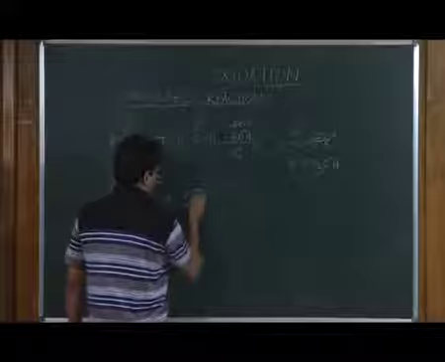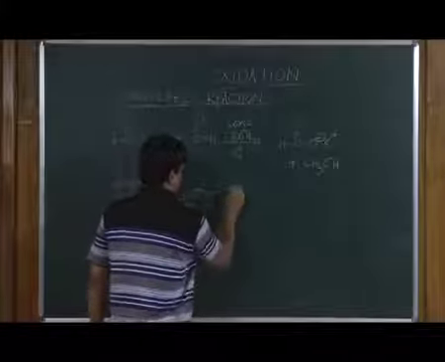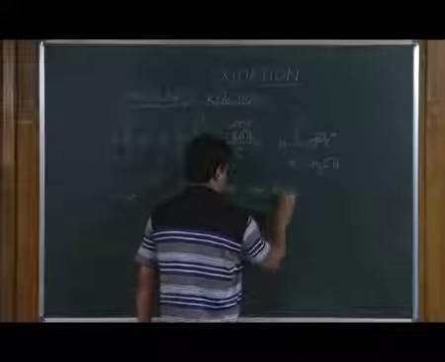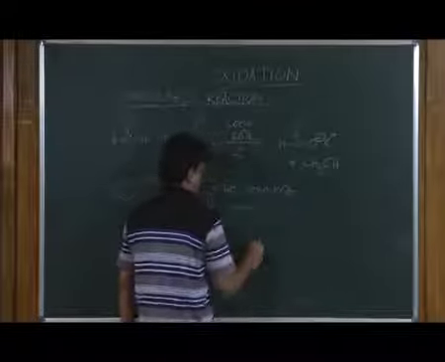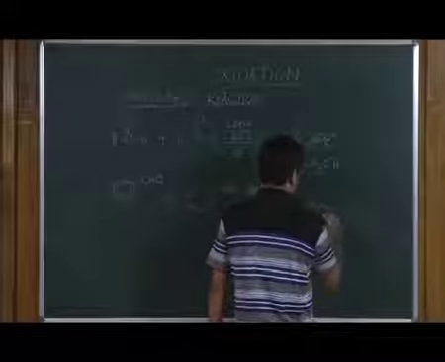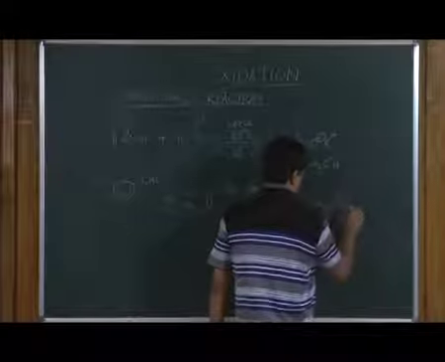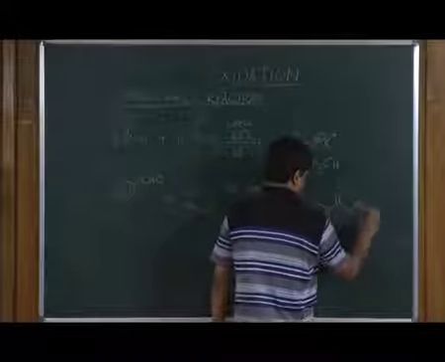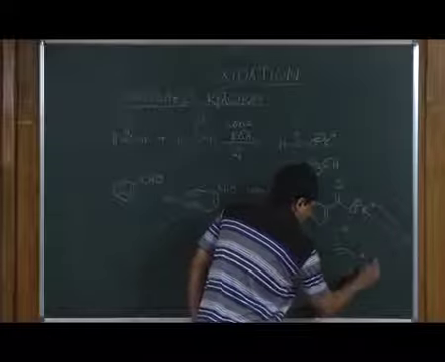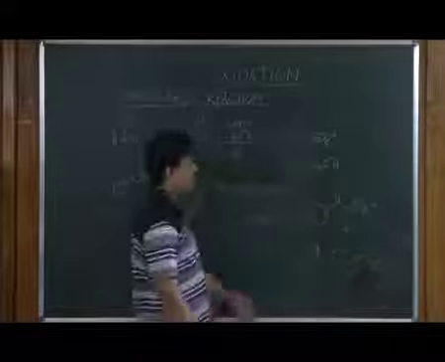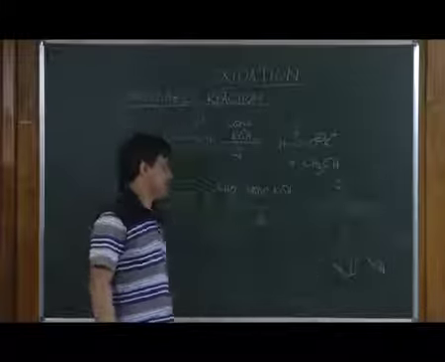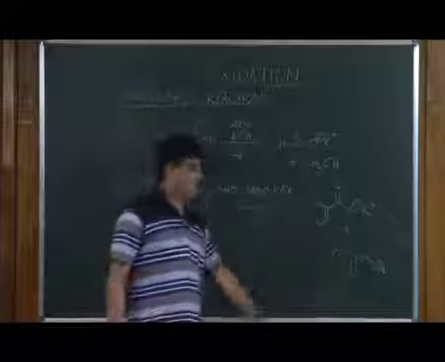So, 2 molecules of benzaldehyde react, and if you heat it, one molecule gets oxidized to benzoic acid, and here it is the salt now, and another molecule gets reduced to benzyl alcohol.